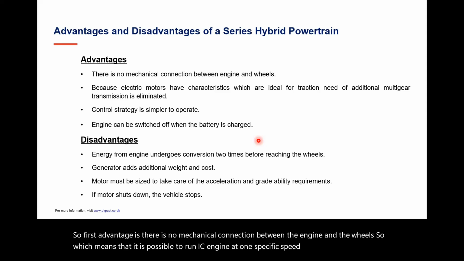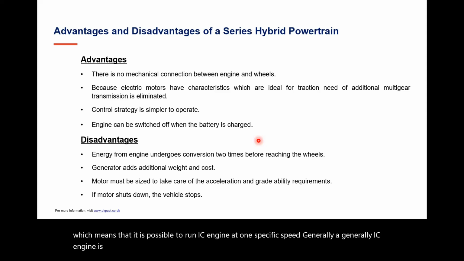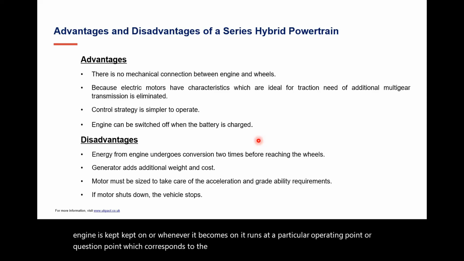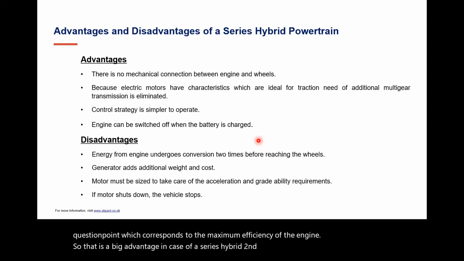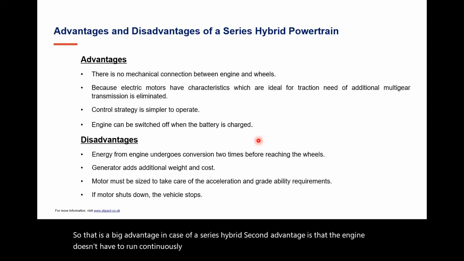Generally, whenever the IC engine is on, it runs at a particular operating point or quiescent point, which corresponds to the maximum efficiency of the engine. That is a big advantage in case of a series hybrid. The second advantage is that the engine doesn't have to run continuously, because it is required only for battery charging. So it saves a lot of emissions from the vehicle.